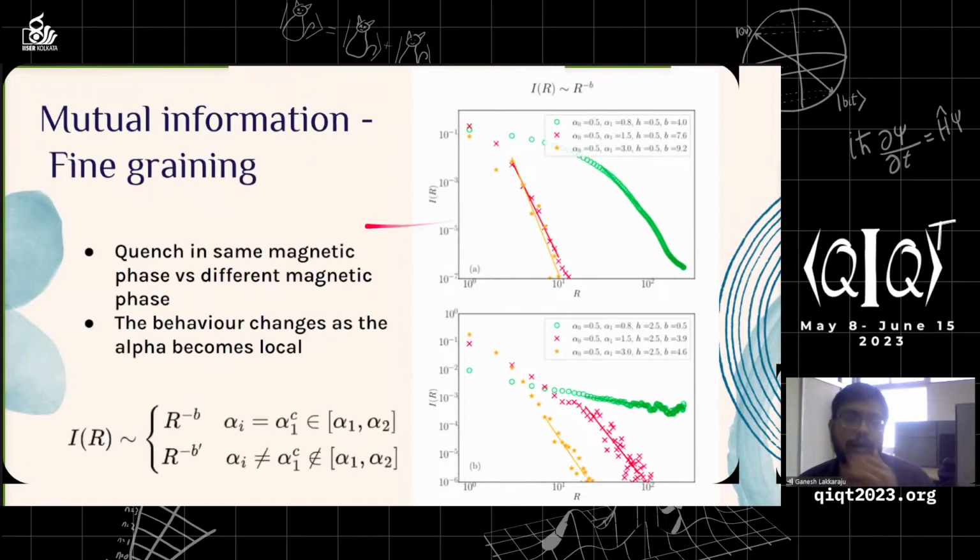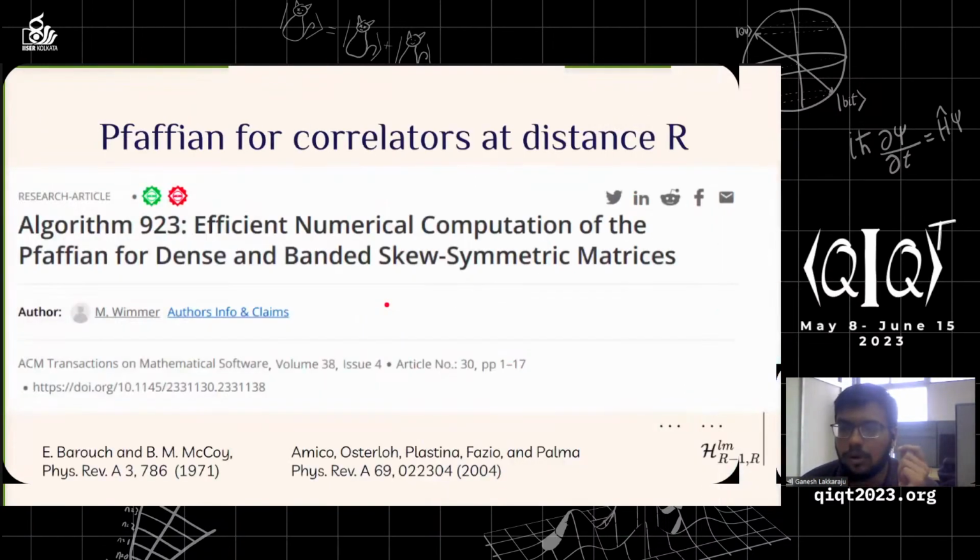This is where fine graining comes in. Rather than fixing to the transition point, consider the same edge, and you will see that the fall-off rate will be different when you are quenching from order to disorder.